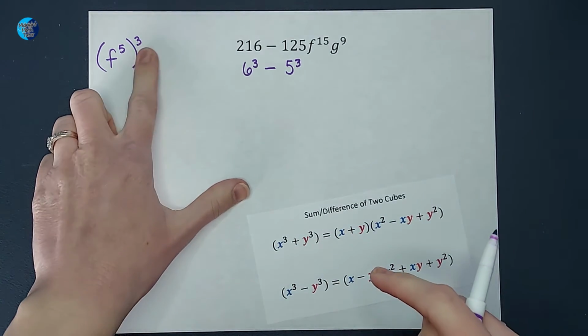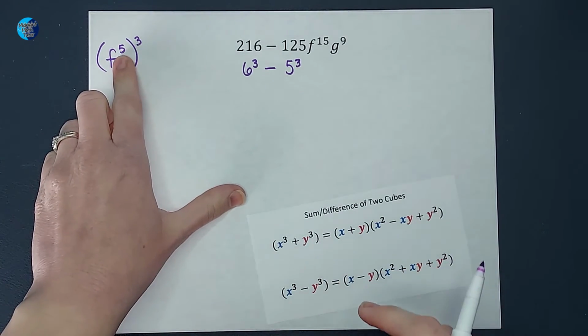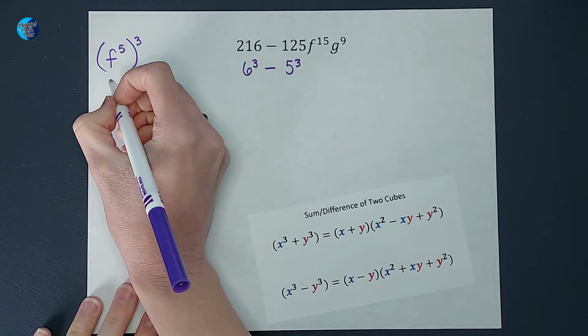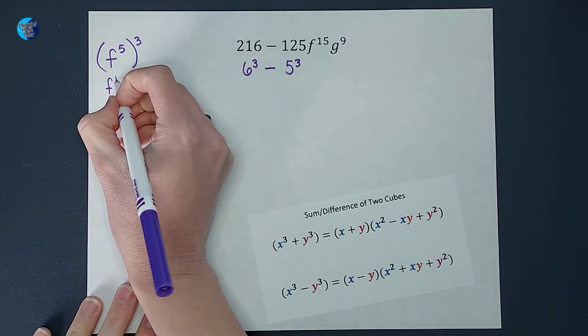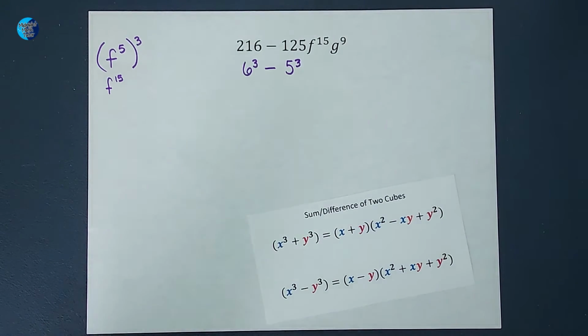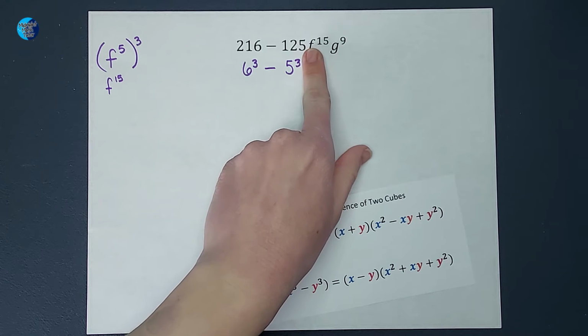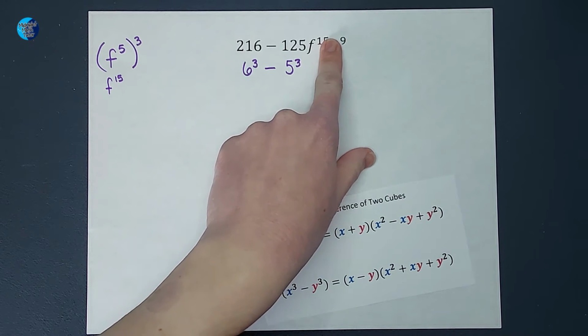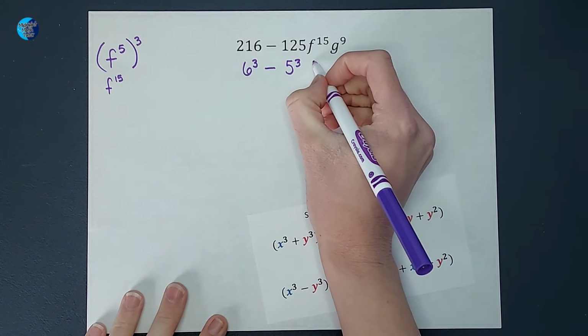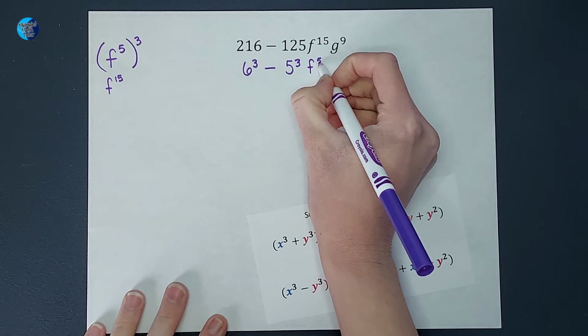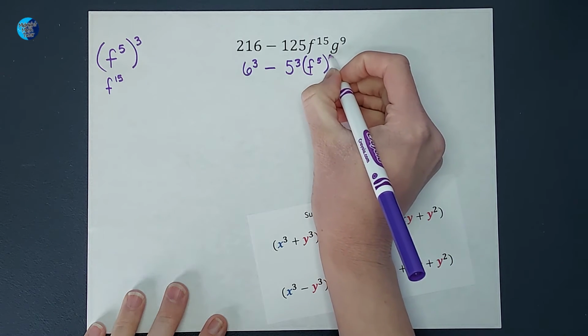So all you do is multiply your exponents. So this would be 5 times 3, so it would end up being 15. So what I can do here is instead of writing f to the 15th, I can write it as f to the 5th, to the 3rd.